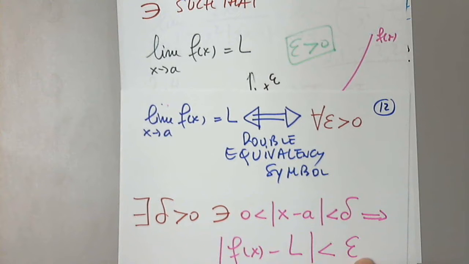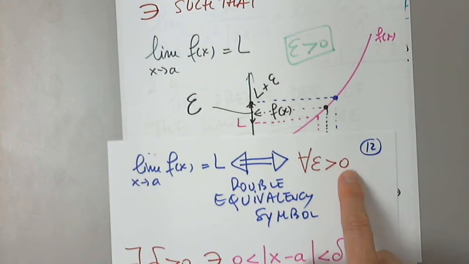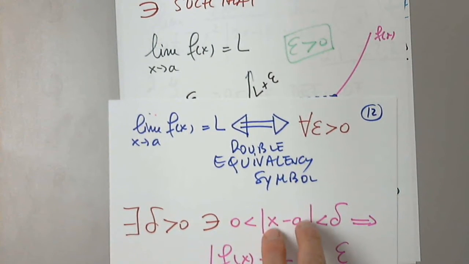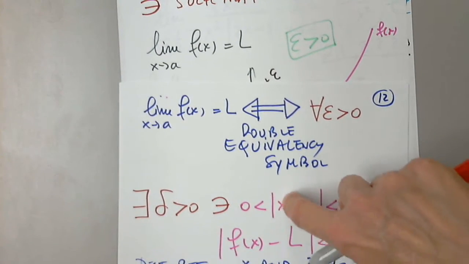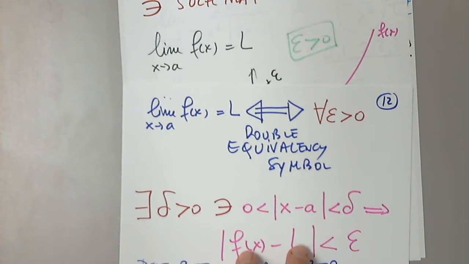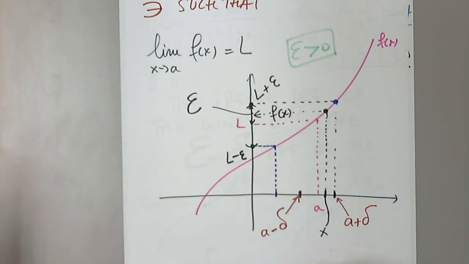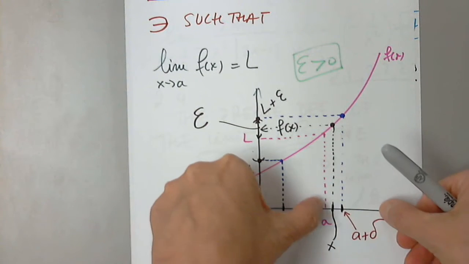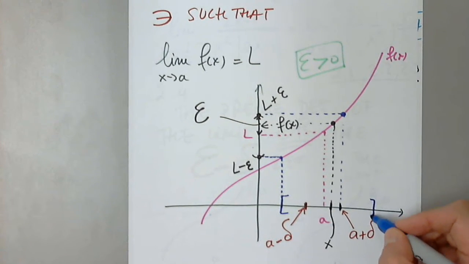Did it start making some sense? So for any epsilon, I will find the corresponding delta such that whenever the distance between x and A is smaller than delta, the distance between f of x and the limit will be less than epsilon. Here's what happens if by mistake I choose the largest of the two. You can say, use this.